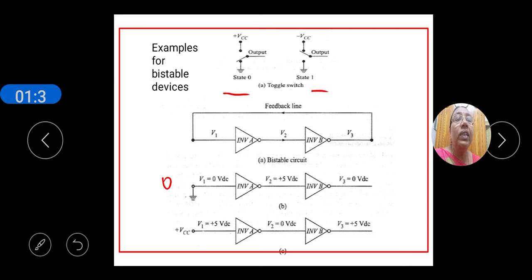So the output of inverter A, V2, is in the 1 state, and the output of inverter B, V3, is in the 0 state. Now when the input to inverter A is plus VCC, then the output of inverter A, V2, is 0 and the output of inverter B, V3, is 1. So the output of one gate is the complement of the output of the other gate. It is again a bistable device.